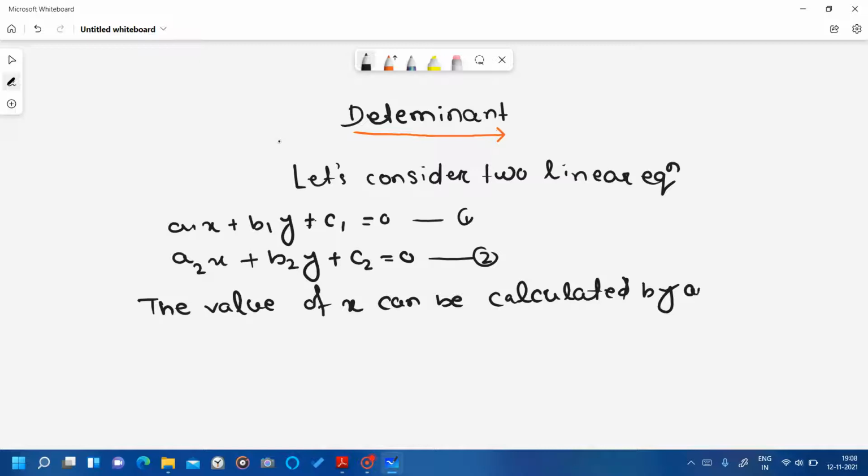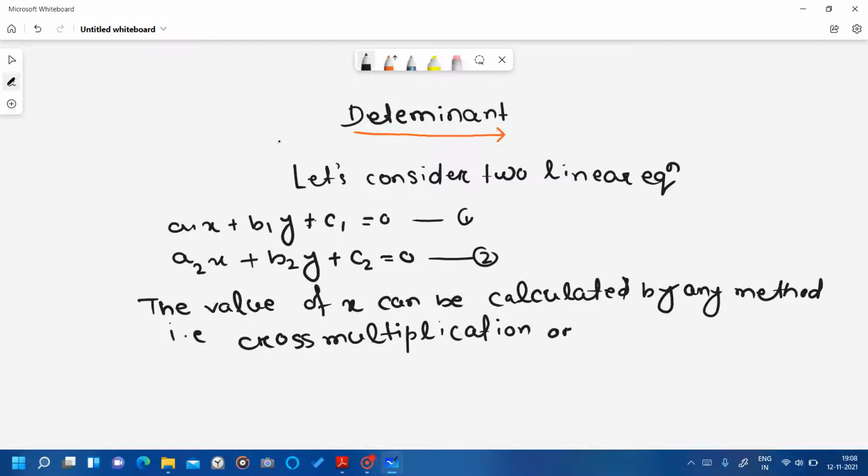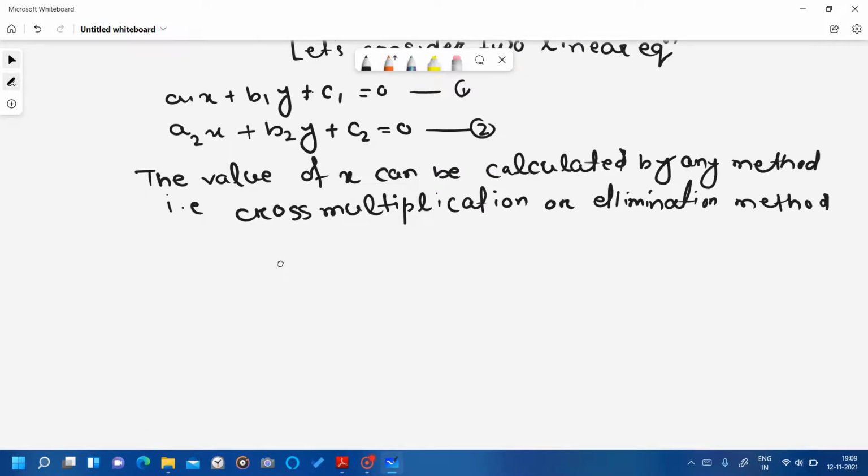Any method suitable to you. Here I go for the elimination method.